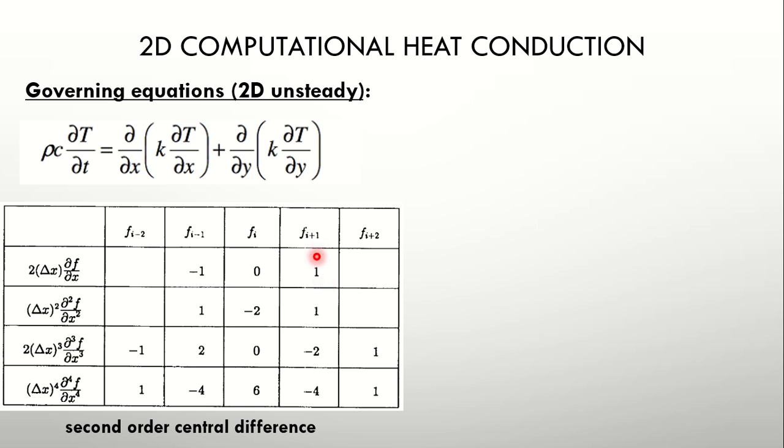Okay, so you could have taken, here the denominator is t, so you have time. Time at i plus 1 means time at the next time step, t at n plus 1.